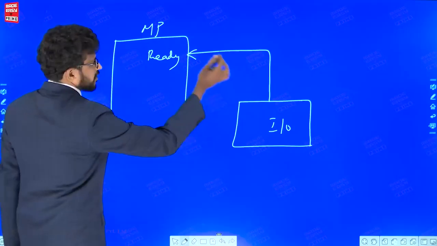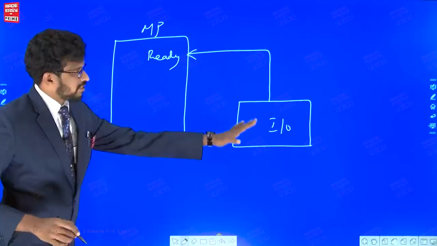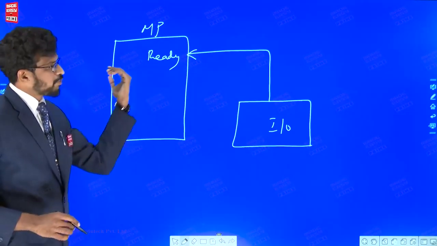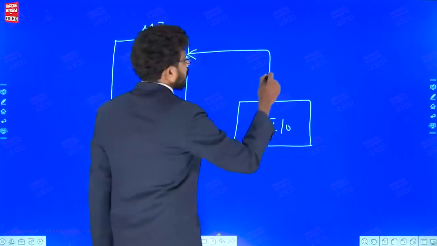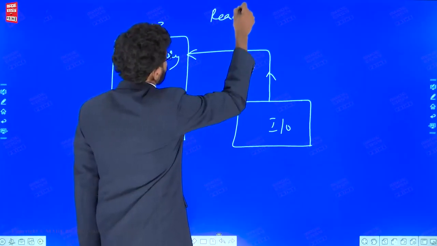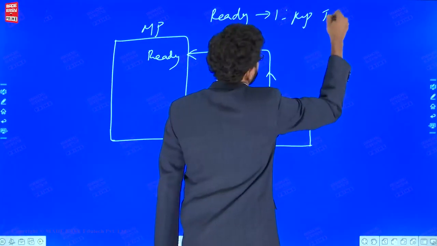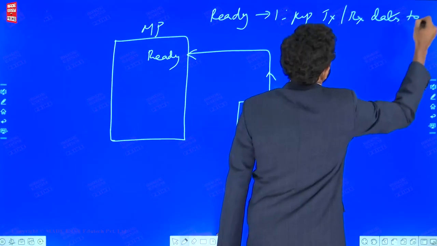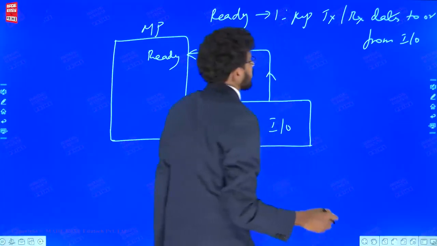If the device is sending a ready signal, then only the processor will either send data to the IO or receive data from the IO device. So ready is one input so that it can check the status of the slow speed peripheral. For example, if ready is 1, then only the processor either transmits or receives data to or from the IO device.